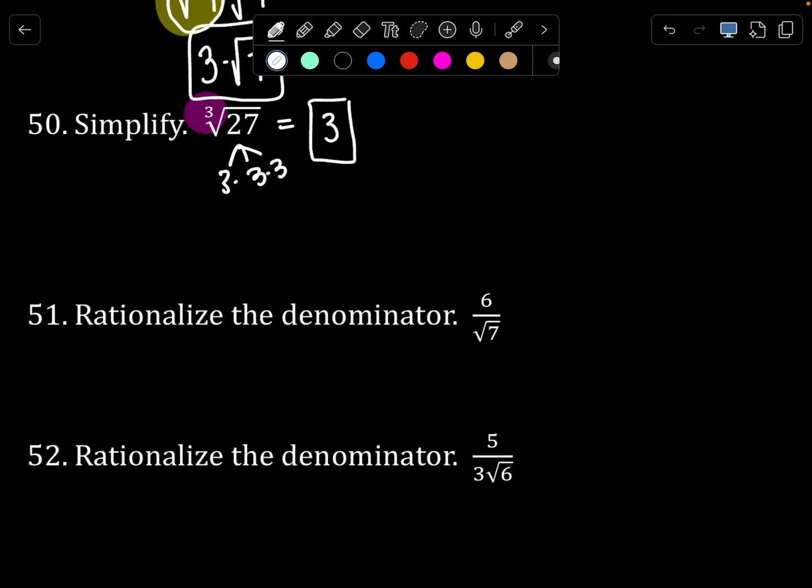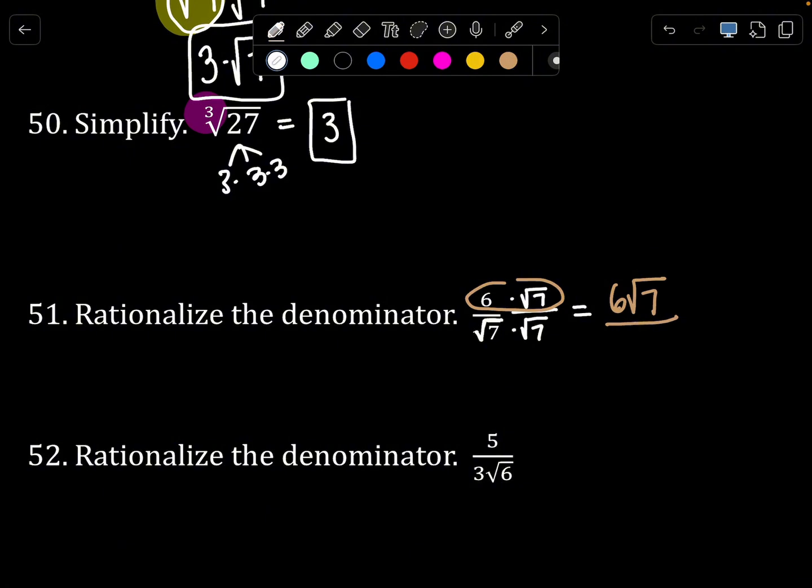Rationalizing just means that we don't want the radical down in the denominator. So we're going to multiply both top and bottom by radical 7. It's like multiplying by 2 over 2. We know that 2 over 2 is equal to 1, so we're not changing anything, just rewriting. Keep the top the same: 6 rad 7.